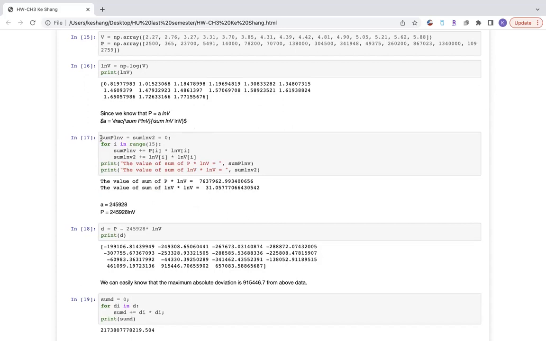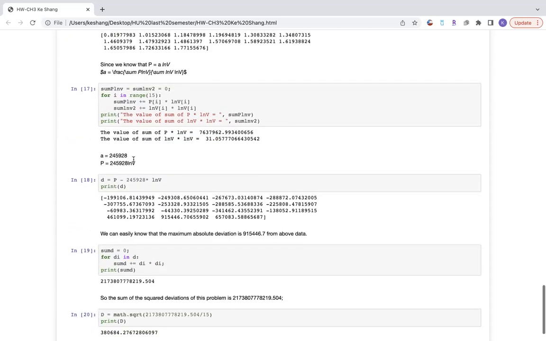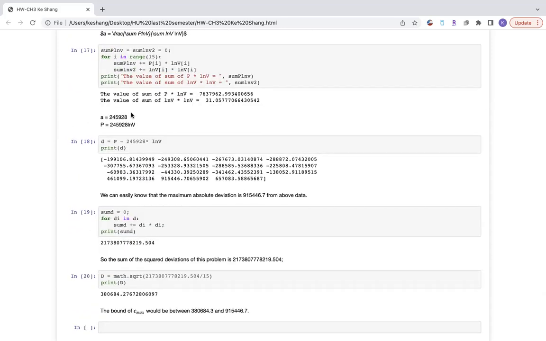But let's move on. I use a function to calculate the summation of the two values, p times ln v and ln v squared, and we get the values here. Then we can calculate a. A is equal to 245928. That's a long number.